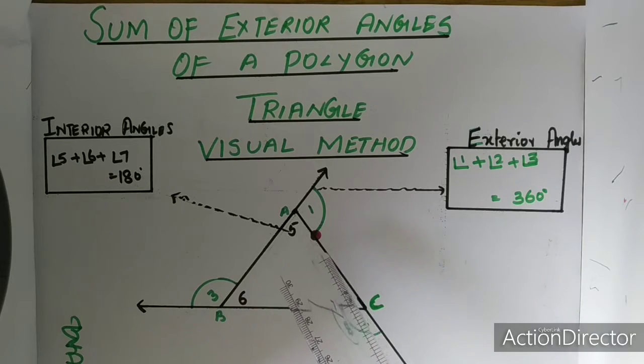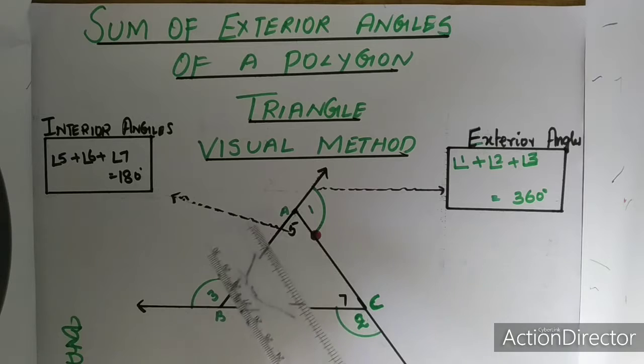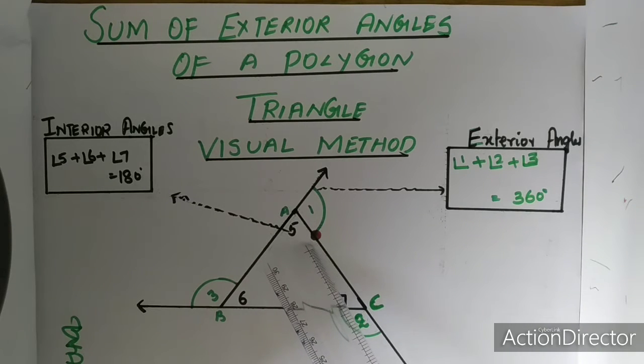Now, let us visualize how we are going to get the sum of the exterior angles. Suppose I see a person walking on the boundary of this triangle, let me see how he is going to walk. This person is going to start over here. He is moving along the line AC. After reaching the point C, he has to move right to move along the line BC. That means at the point C, he is moving along an angle of 2.